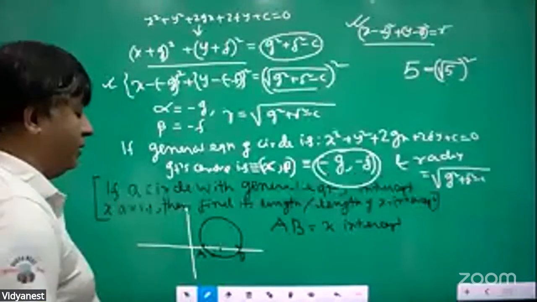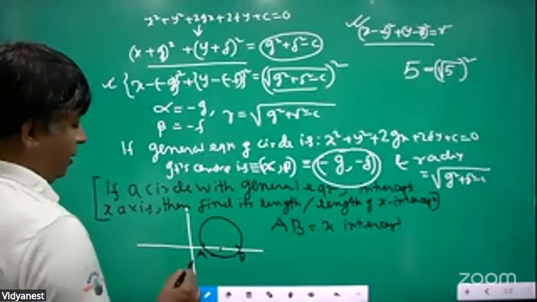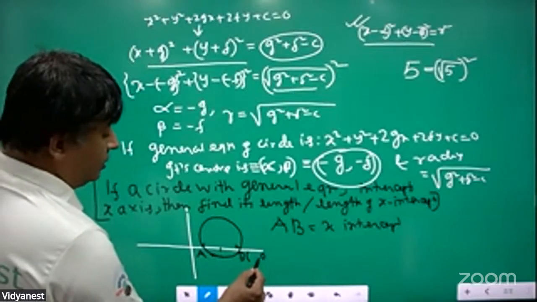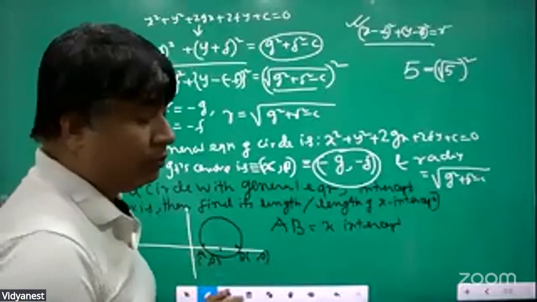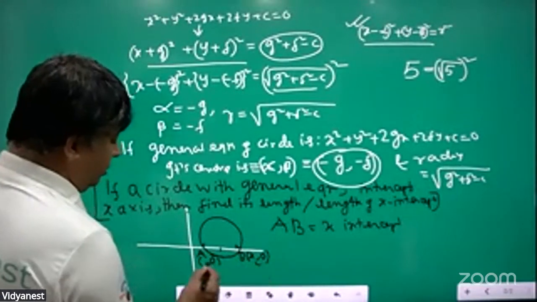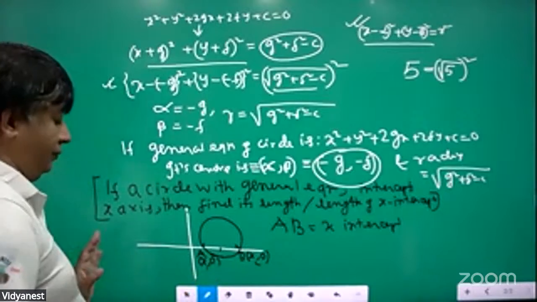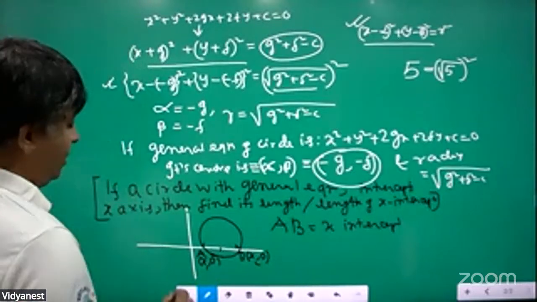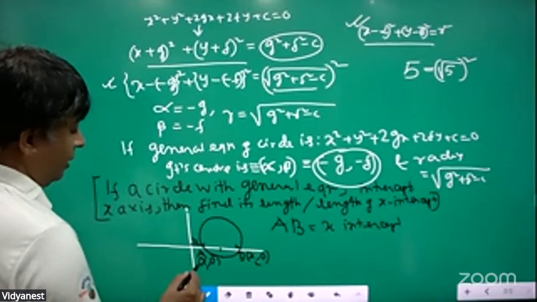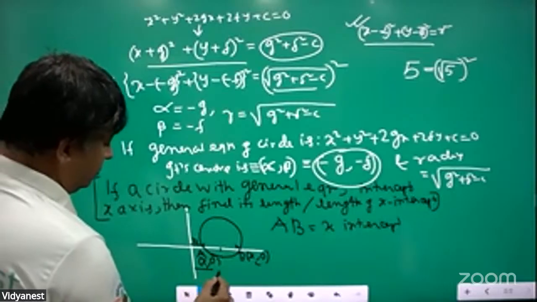How to find AB? See, at A and B, what is the y coordinate? 0. Both the points' y coordinate is 0. What is the x coordinate? We don't know, we have to assume. I am letting this x2, this x1. So x1 is this length, x2 is that length.